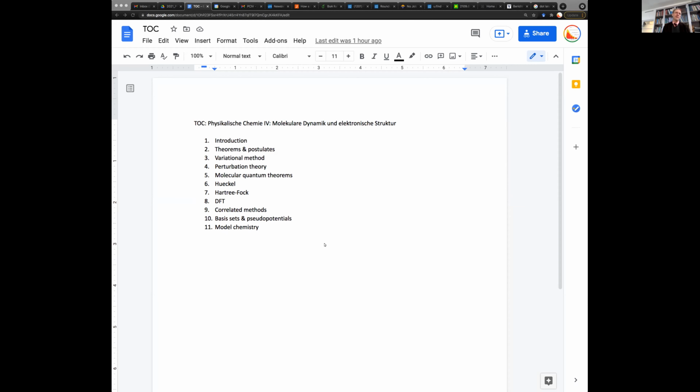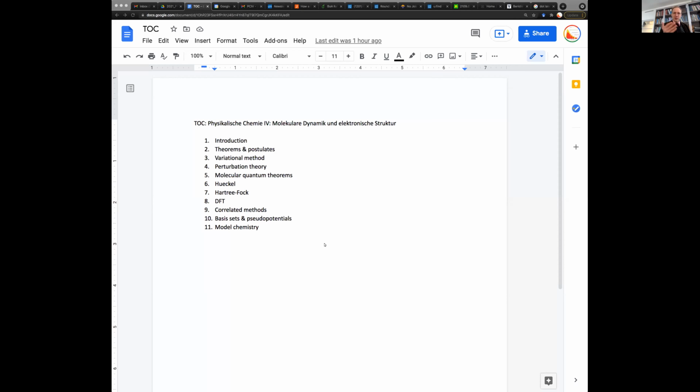Then after chapter 5, we will go back to slides and the chapters on Huckel, Hartree-Fock, DFT, or correlated methods. These are all numerical methods for which computers are being used, right? So up to 5, you can do everything with pen and paper. Huckel in parts you can still do with pen and paper, but it's more of a calculational thing.